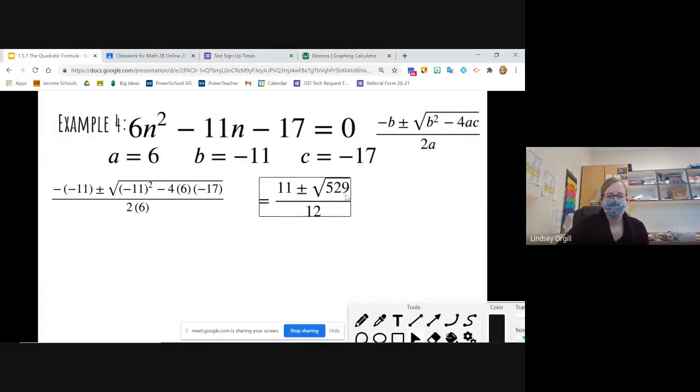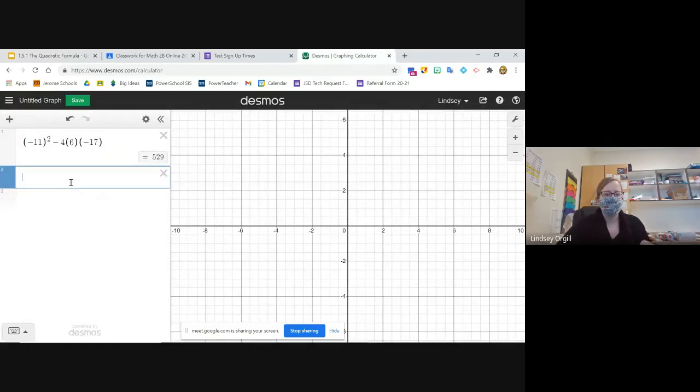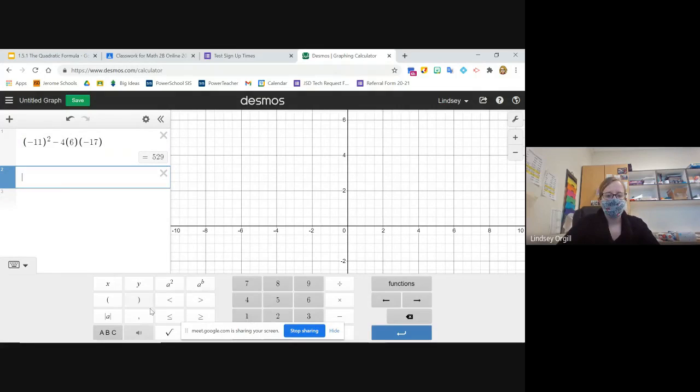So inside my square root, I get 529, and this turns into positive 11 because I have a double negative. Remember, whenever I have a double negative, it turns into a positive. So on the outside, it turns into positive 11. And then what's inside my square root, I'm going to take the square root of 529, and that's 23.